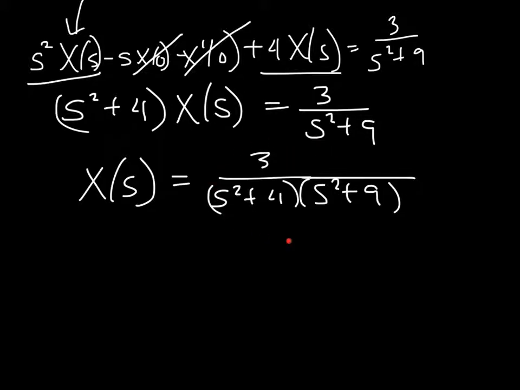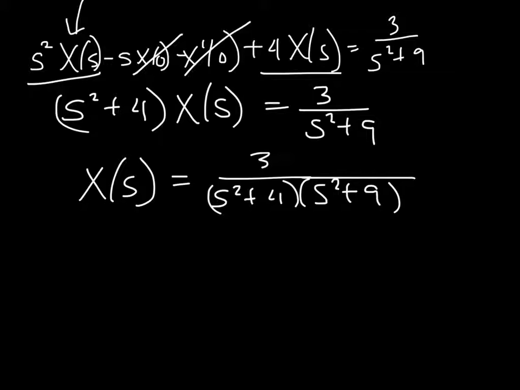But anytime you have a complicated expression and you don't know how to work with it, break it up into pieces that you are familiar with. So we can break this up into expressions that have a Laplace transform associated with them. That's why we're using partial fractions.